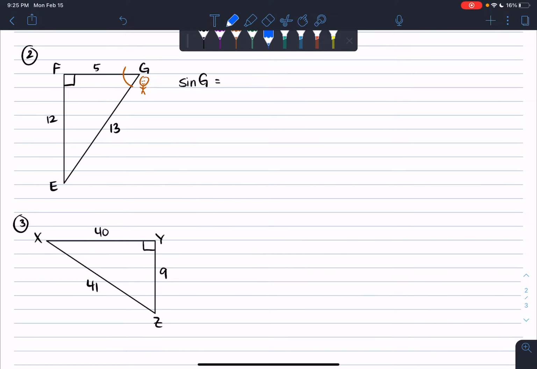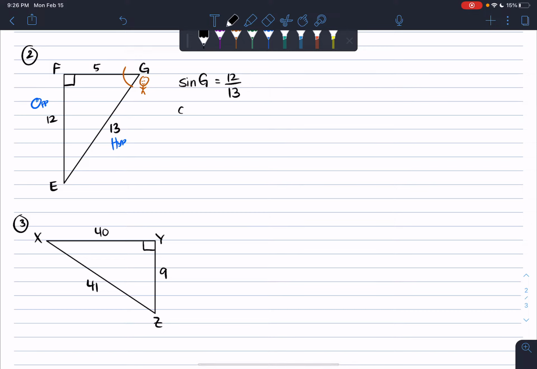So I can draw an O for opposite. And hypotenuse is this side here because it is across from the right angle. So we would say 13 is the hypotenuse H. So we get the sine of G is opposite over hypotenuse, or 12 over 13.